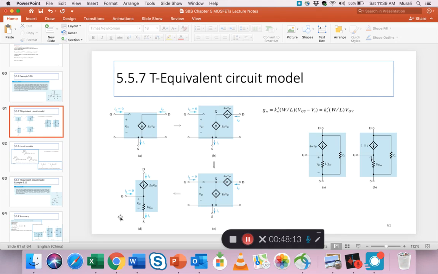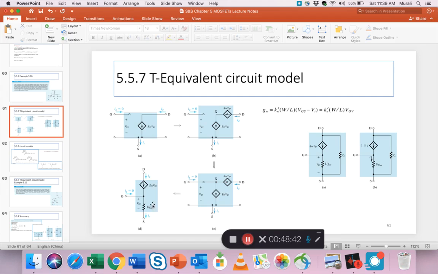So what do we have? We have the three terminals, and still in the drain circuit, we have the same gm times VGS that we are used to. But in the bottom, the same current flows. Because no current comes in from the gate, we are safe to say that there's only one current, and that is ID, which flows all the way from the drain to the source.